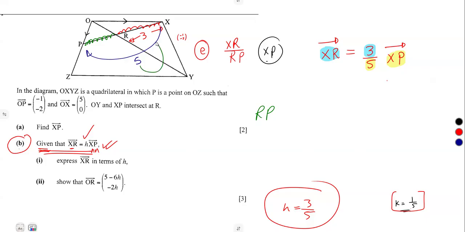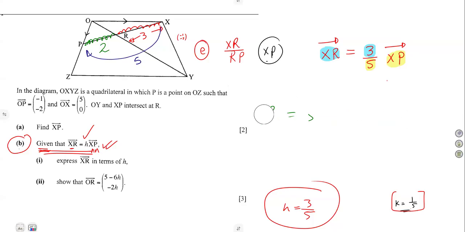It's simply 5 minus the 3 parts that we are given, which is 2 parts. So from R going to P, we have 2 parts out of the 5 parts representing the whole line, where XR has got 3 parts out of the 5 parts.